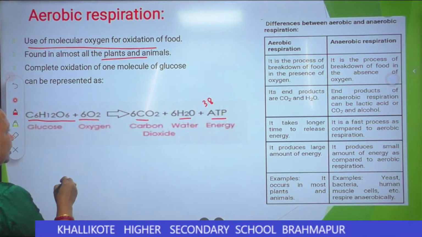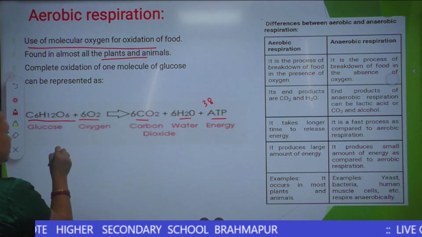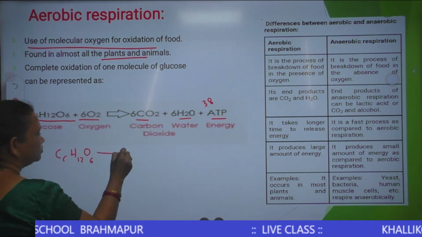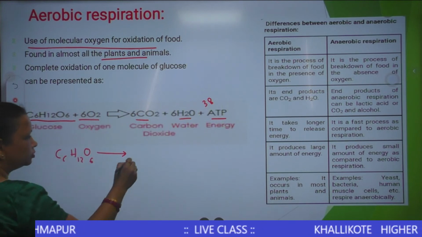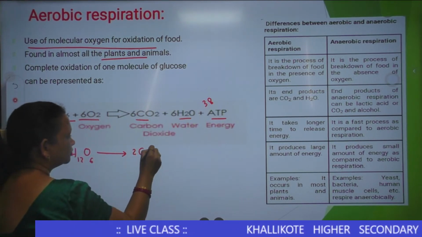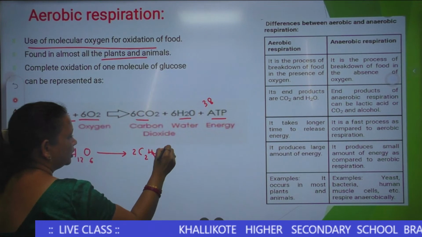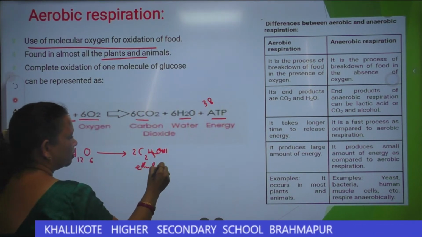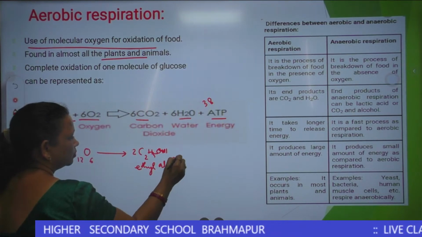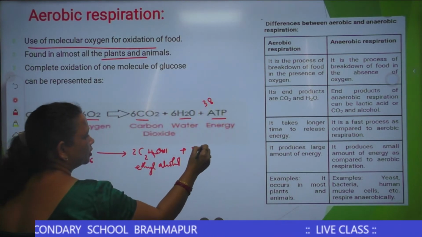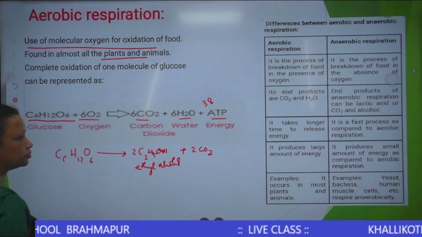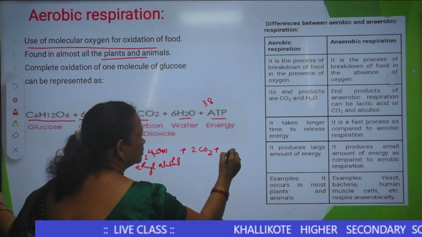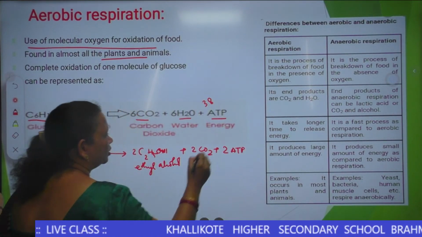On the other hand, when there is no oxygen, this glucose molecule gets broken down into either ethyl alcohol plus 2CO2. The energy that is liberated in this case is 2 ATP molecules.